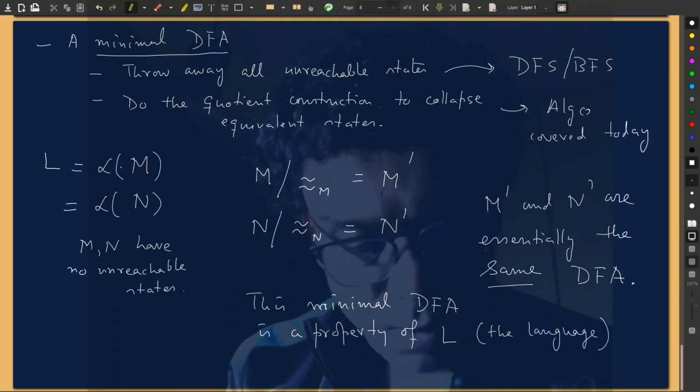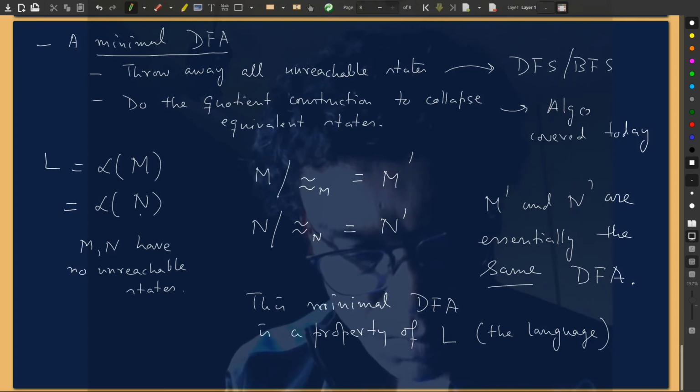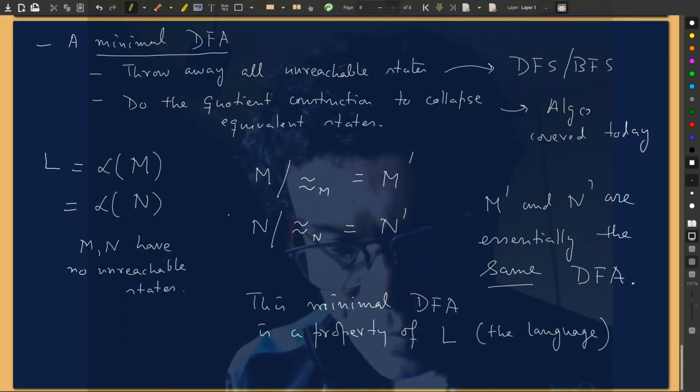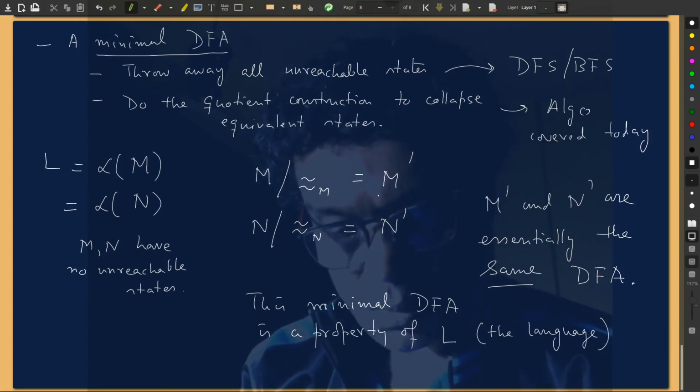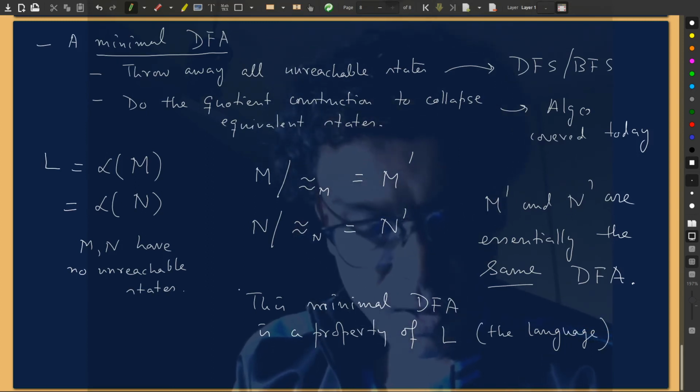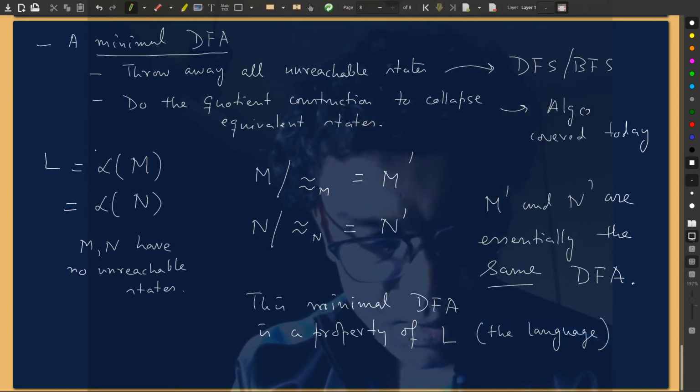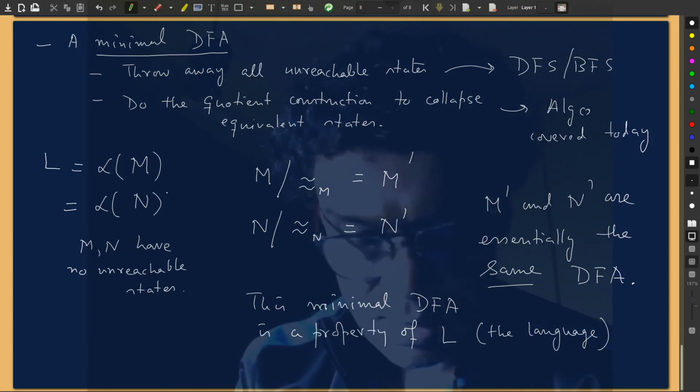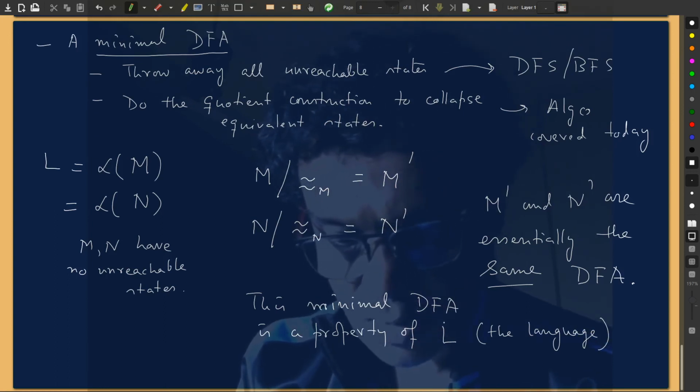It is not a property of the individual machine M or individual machine N. Eventually I can reduce everything to a machine M prime or N prime or P prime, Q prime, whatever machines you design. After this minimization, you will get the same minimal machine, and therefore the minimal DFA is a property of the language with which we started, not of the machine that we generated in the intermediate steps of our construction.